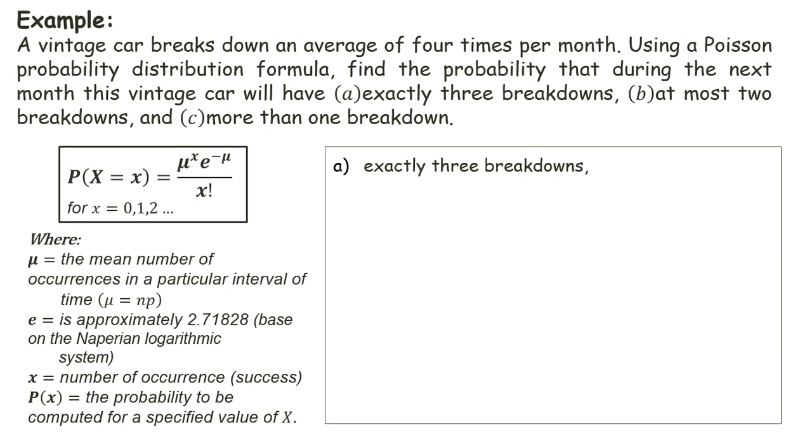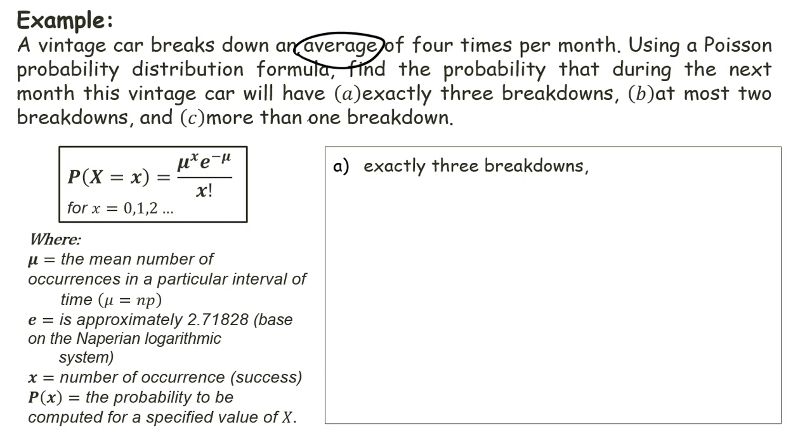A vintage car breaks down an average of 4 times per month. Using a Poisson probability distribution formula, tignan nyo po, meron pong average na word. Find the probability that during the next month, this vintage car will have, letter A, exactly 3 breakdowns, letter B, at most 2 breakdowns, and letter C, more than 1 breakdown.